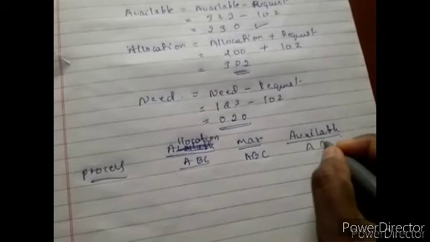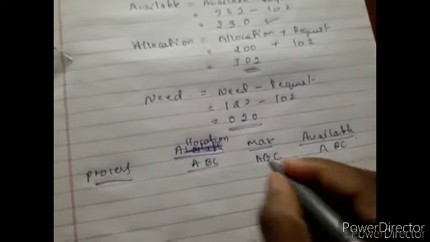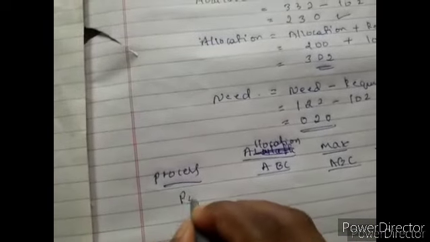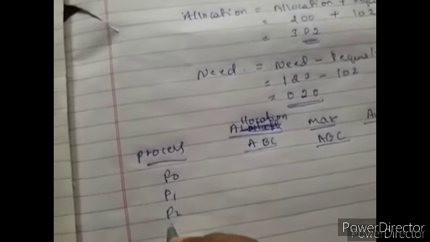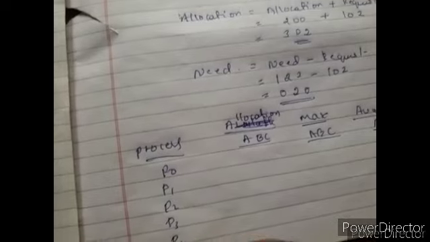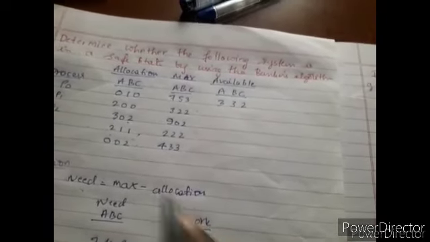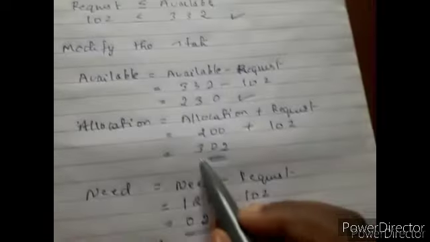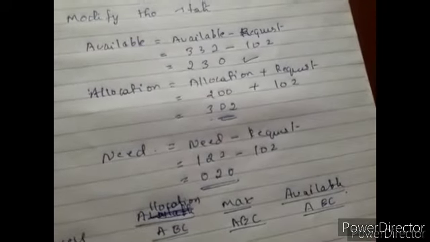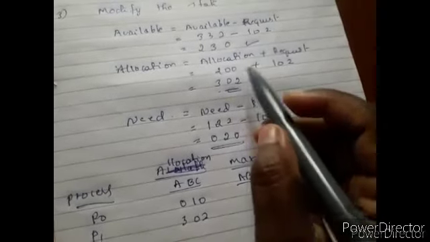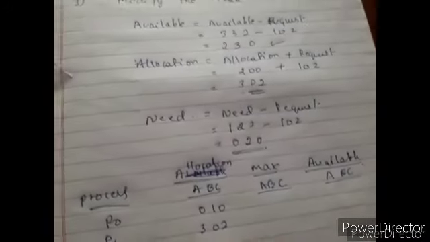Okay, A, B, C. Now process P0, P1, P2, P3, P4. Now what is the value for this one? Allocation value for process P0, it is 0, 1, 0. And for process P1, now it is changed. For process P1, it is 302. Don't write this one 200. Now it is updated to 302 because there is a request from process P1. Okay, next for P2, P3, P4, it is same.